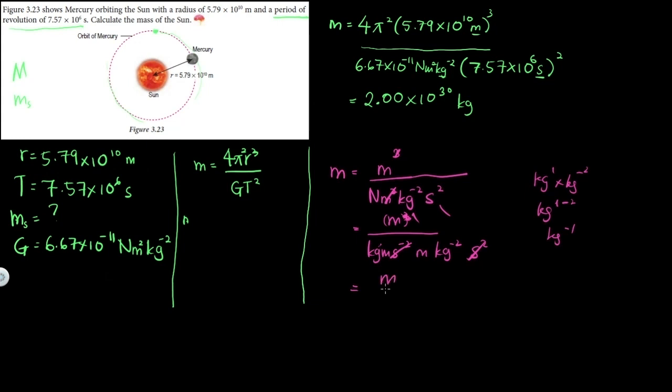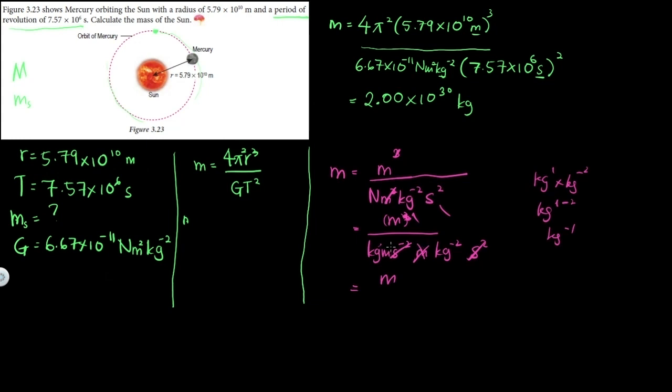So we have m. Here we can cancel out one m. There is no m at the denominator.